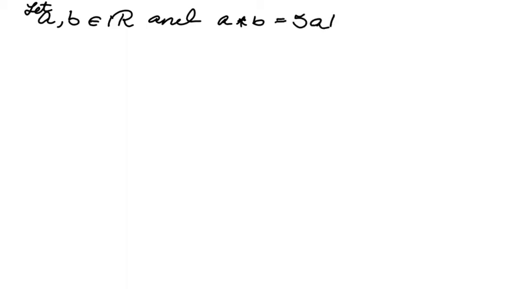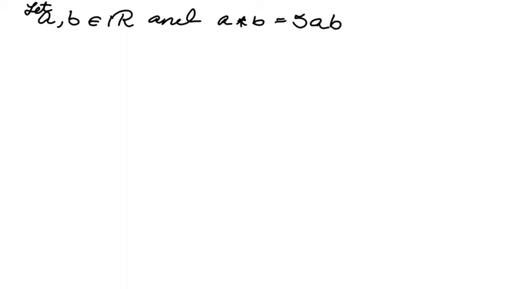Okay, so if I have two numbers, A and B, that are real numbers, we want to define, so we're going to let A and B be real numbers, and we're going to define A star B as 5 times AB.